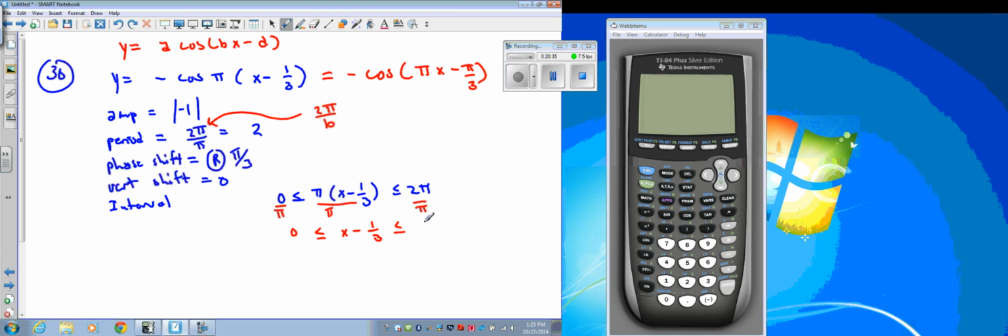See, now you can see that my phase shift is not right according to what I thought, because my phase shift is going to be right 1/3 rather than pi over 3.